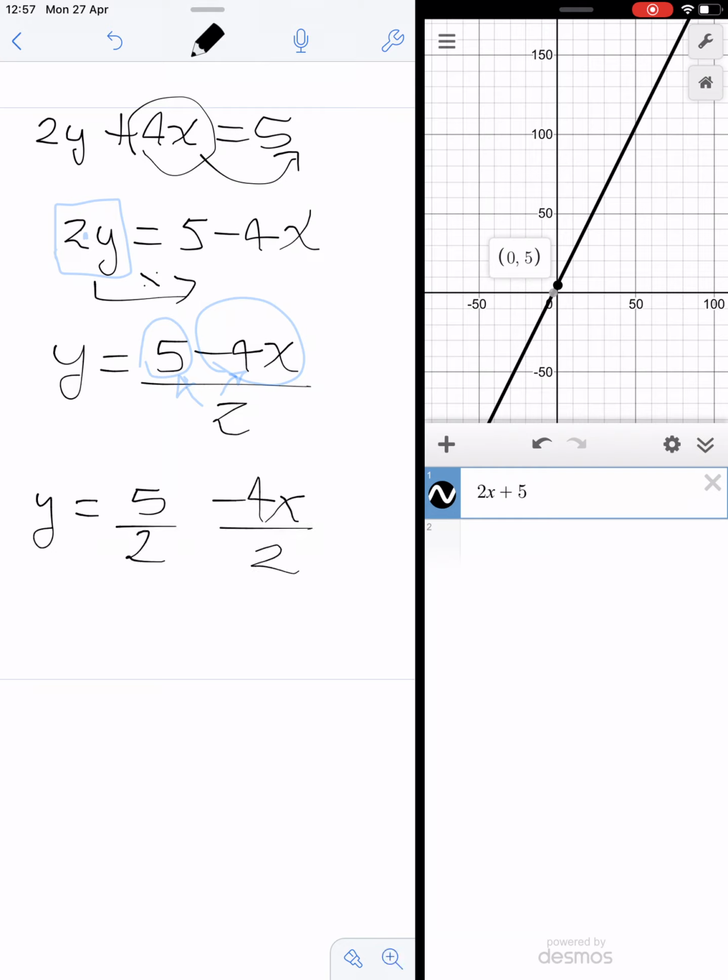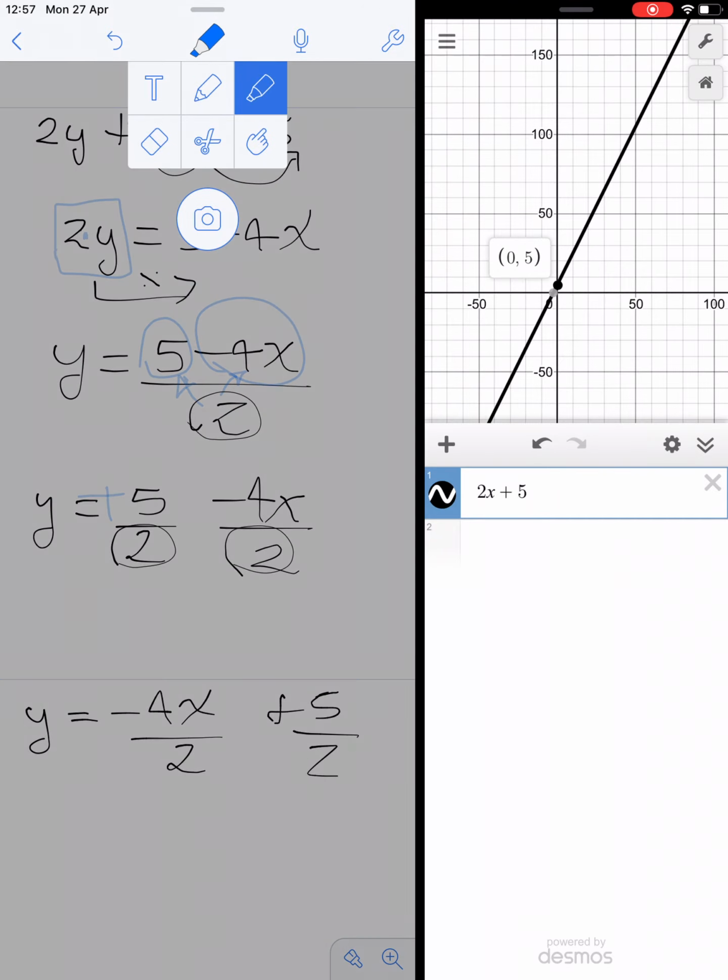If you see, we are using the same denominator to separate the different terms above. Finally, we are going to organize this expression by moving the minus 4x divided by 2 to the front. That means y equal minus 4x divided by 2 plus 5 over 2. Okay, remember when you don't have a symbol, it is plus.